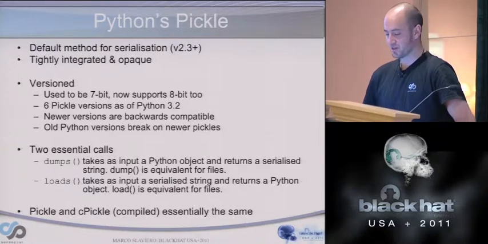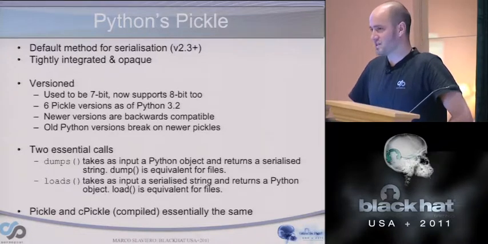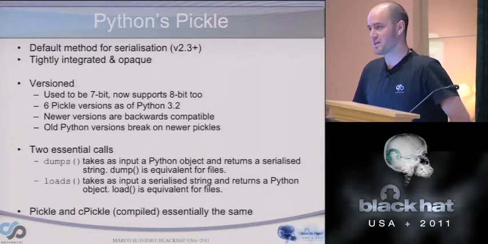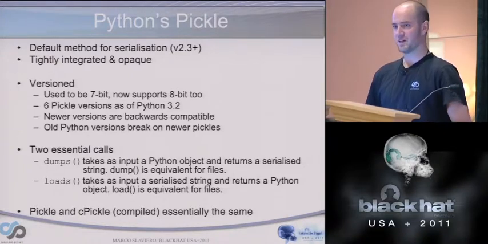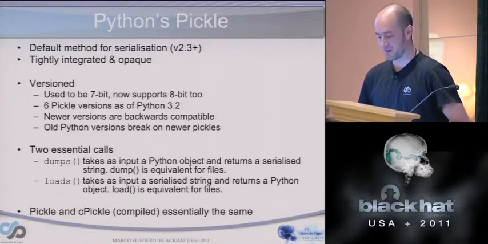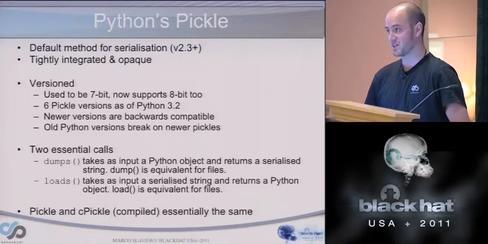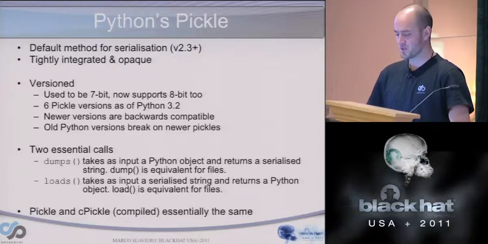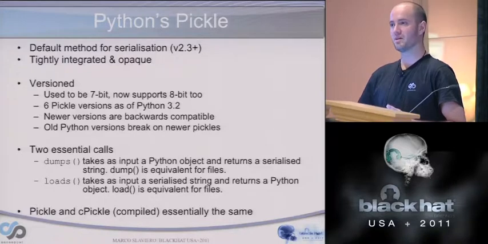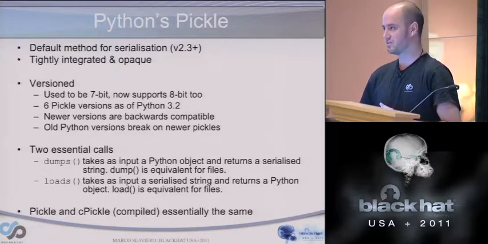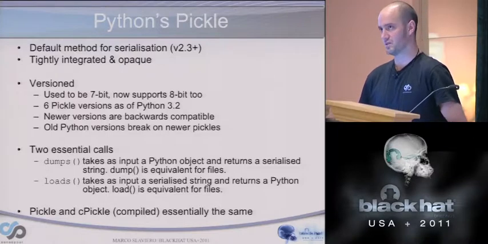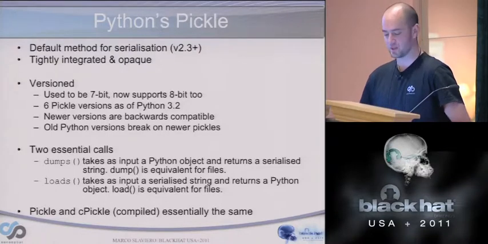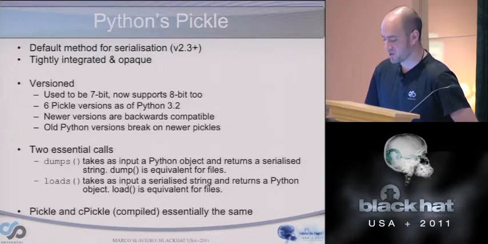If you've used Pickle, you'll also know that there are alternatives to those, so you can also work with files instead of with strings. But eventually it winds up in the same code path, so I'm going to talk in this presentation about loads primarily. And then you also have the option of choosing between a module that implements this protocol in pure Python, and, for speed purposes, because Pickle will be called frequently, there's also a compiled module called cPickle.